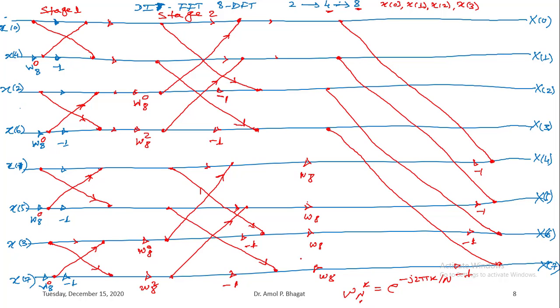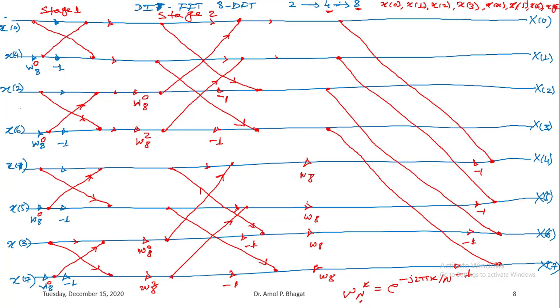But which twiddle factors will be used here? As we are computing an 8-point DFT, all 8 points will be used in sequence. If I am writing in sequence, x0, x1, x2, x3, then x4, 5, 6 and 7, x of 7. So all these points will be there.